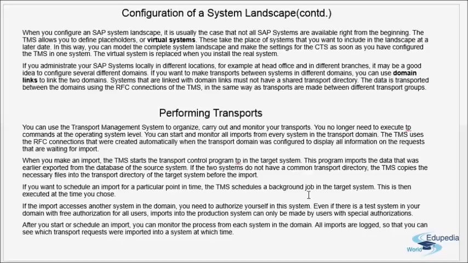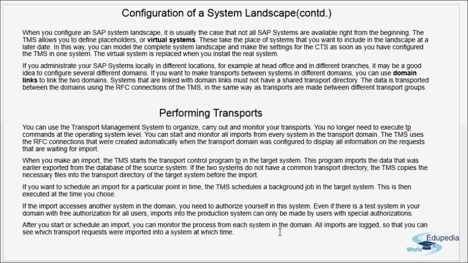So to do an import into a system, you should have some access in the target system to import the change request in that system. Even the request can be imported at a particular point in time, which is done by scheduling a background job.